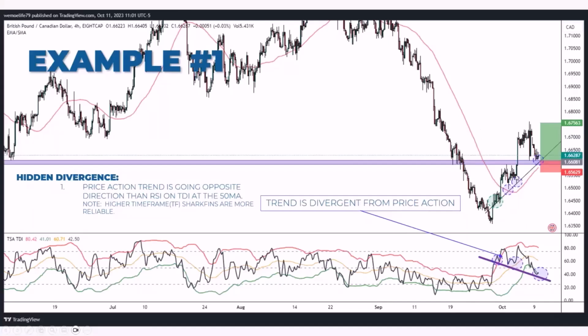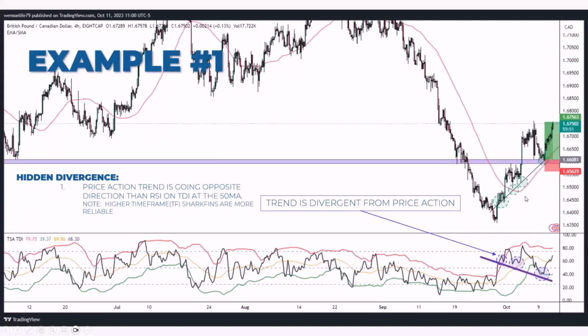But anyhow, on this current uptrend that we're in, we're riding the trend line and price is higher than this peak. On TDI, it's lower. That's happening on the trend line and it's happening at the 50 MA. That's hidden divergence right there. And so what happens?